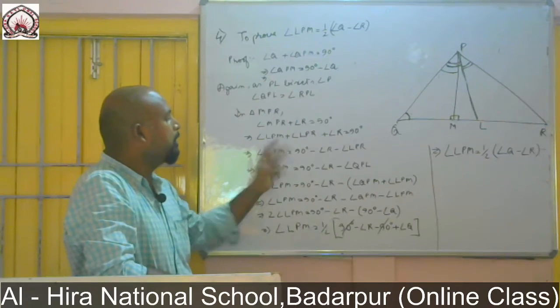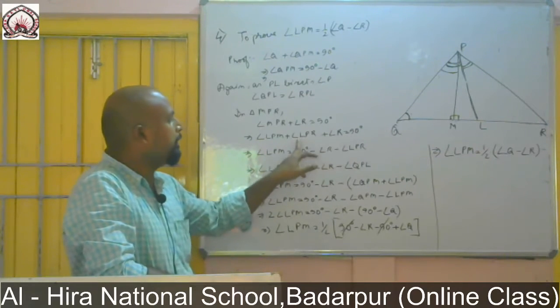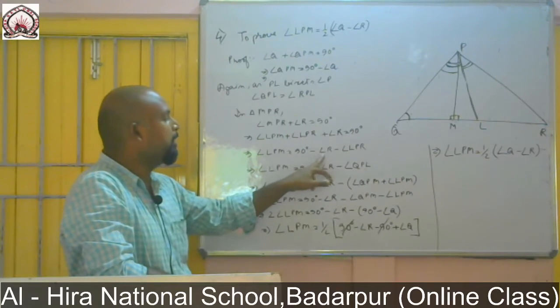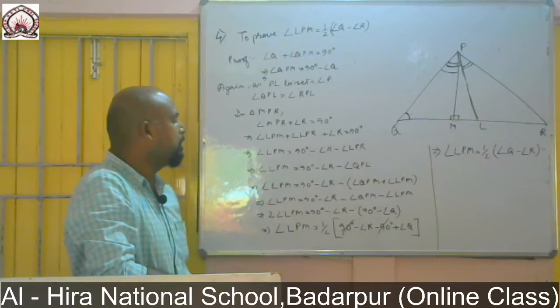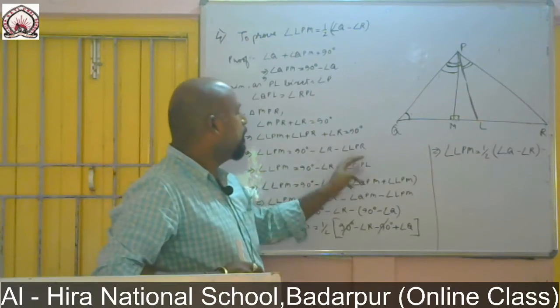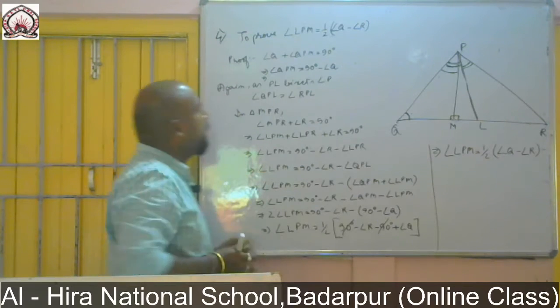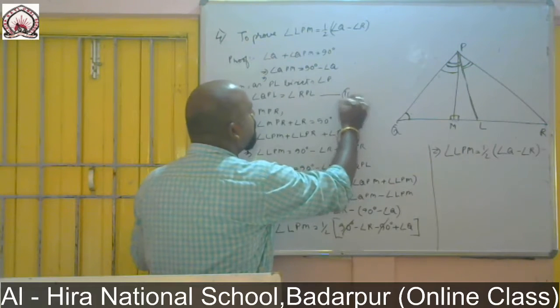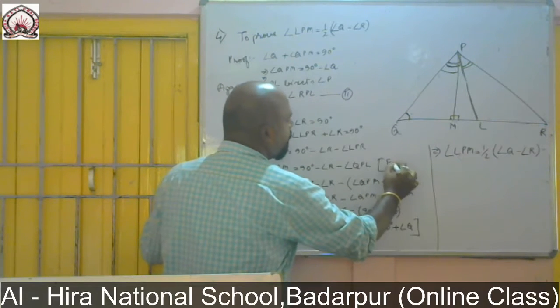So, LPM equal to, this is 90, if I take towards the right side, it becomes minus, if I take this one also minus. Okay. Then we have to put the value. Now, what is the value of LPR? LPR is nothing but from this equation, if I consider this is 2, we can write from 2.